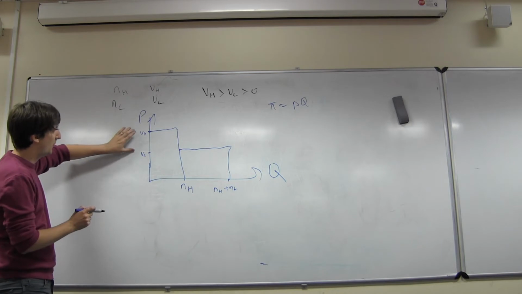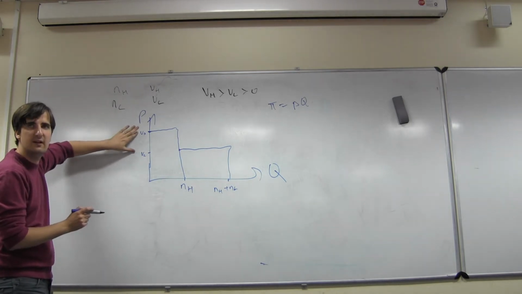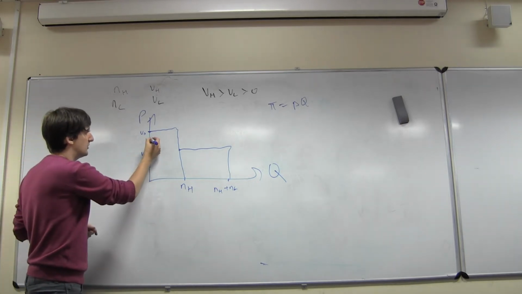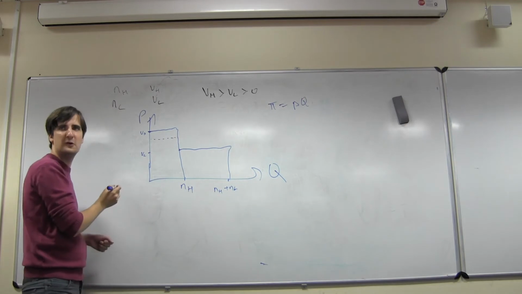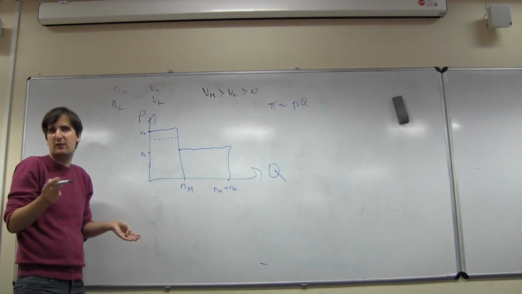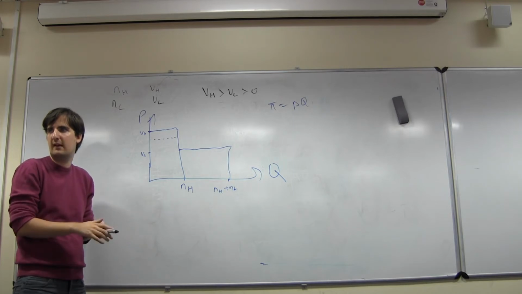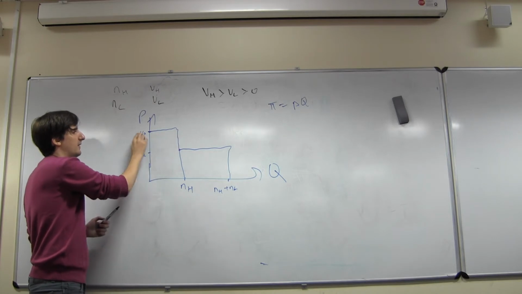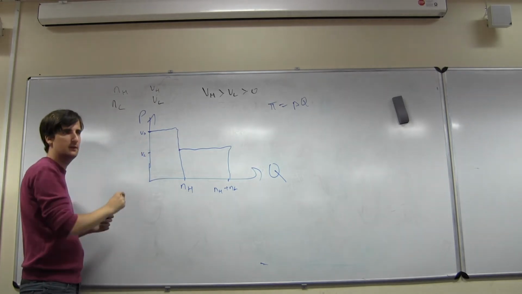So he may as well choose a price of VH. There's no point pricing below VH. If you price below VH, you're just throwing away producer surplus, because there aren't any extra consumers who are going to buy because you're setting a slightly lower price.